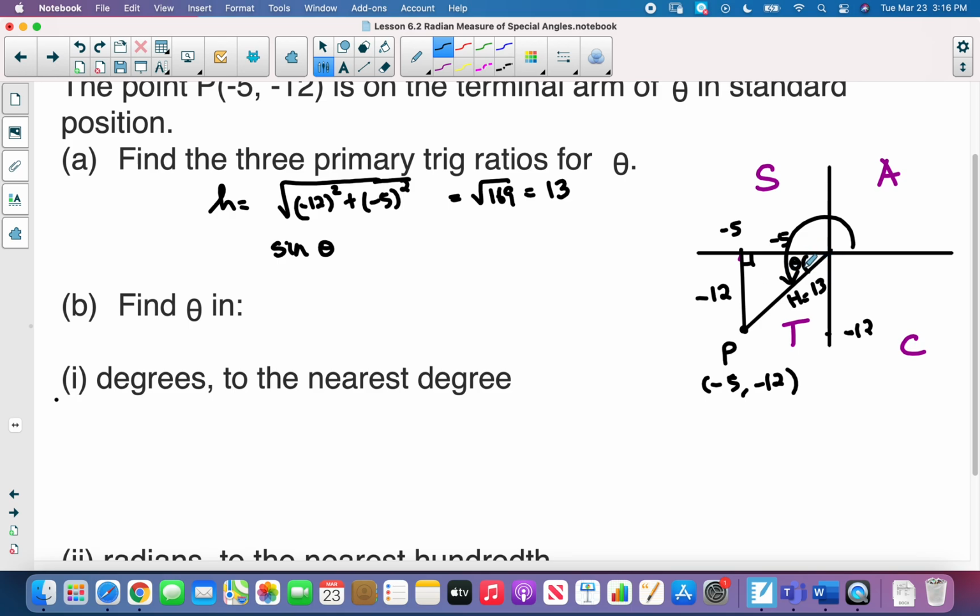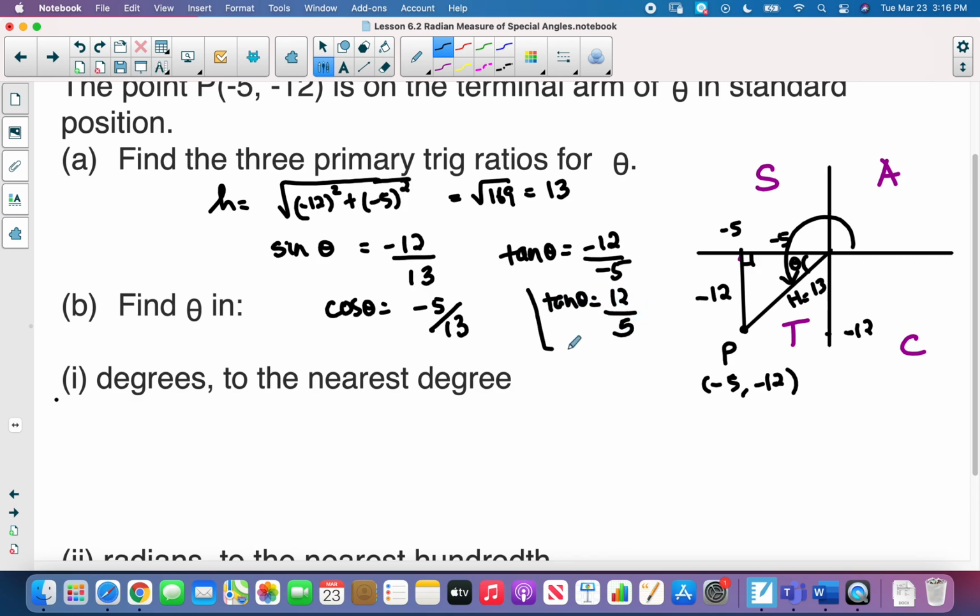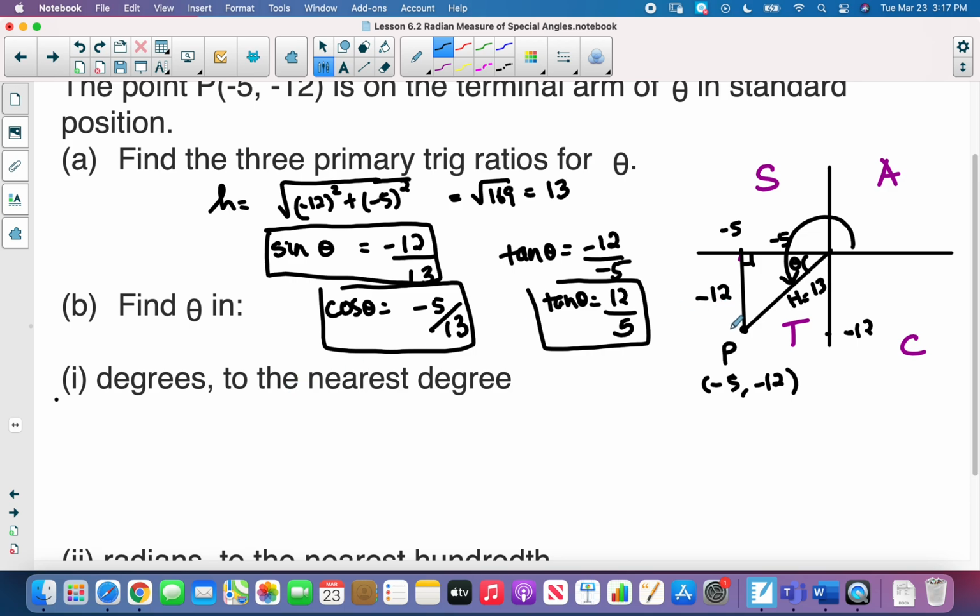Sine is opposite over hypotenuse, so it's negative 12 over 13. Cosine of theta is adjacent side, negative 5 over 13. And tan of theta will be opposite over adjacent, which is negative 12 divided by negative 5, or tan theta equals 12 over 5. So those are the 3 trig ratios for that point.